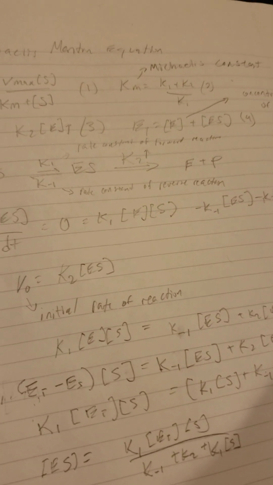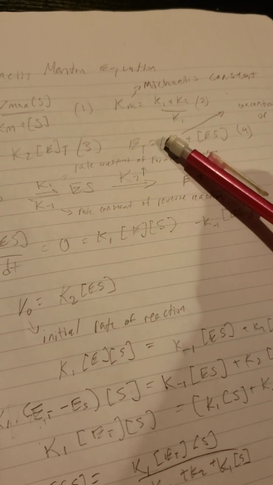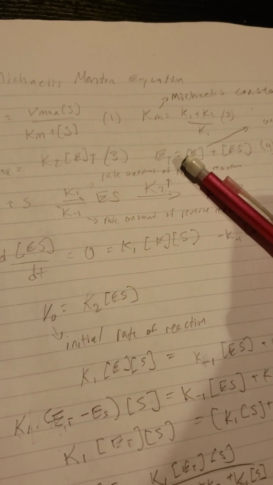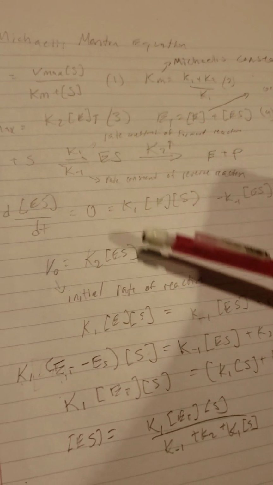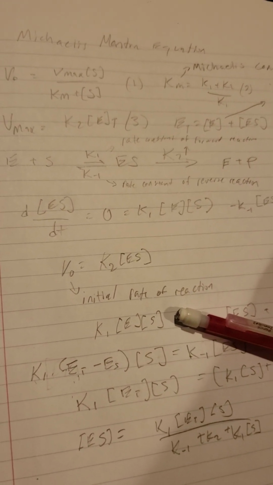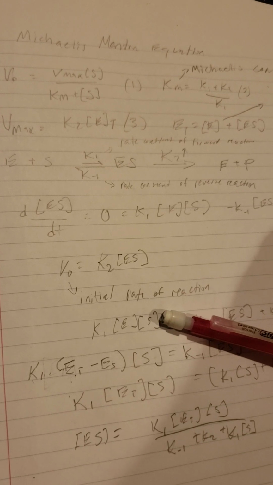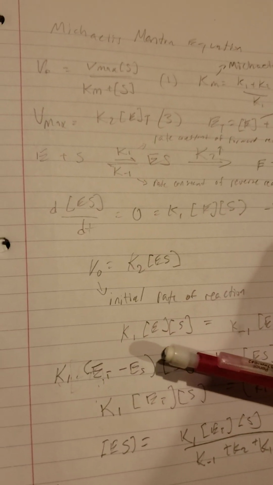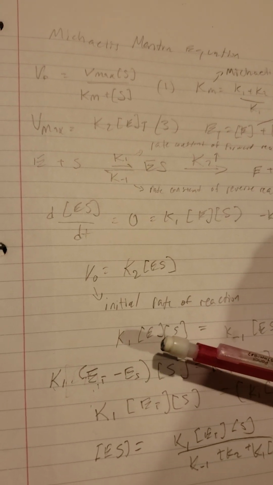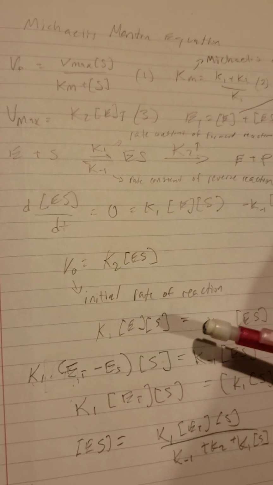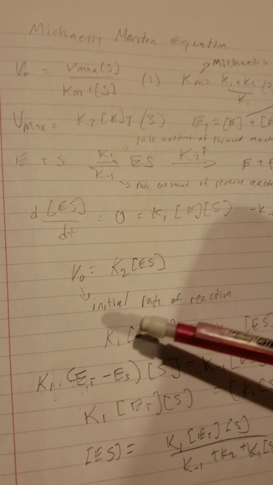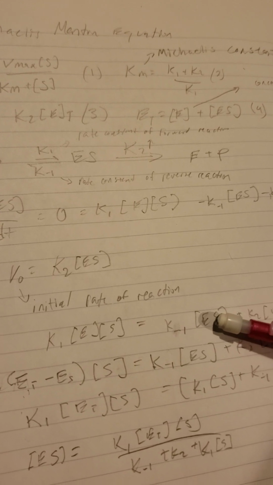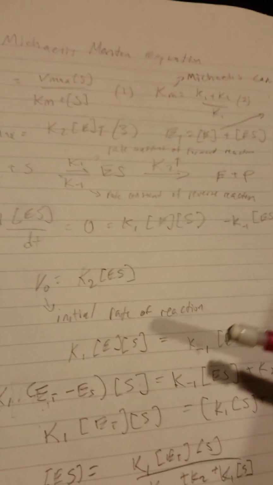Given that I had just pointed out the equation for E sub T, we can substitute the fourth equation into the equation right here. So now you have K1 times (ET minus ES) times S equals K minus 1 times ES plus K2 times ES.